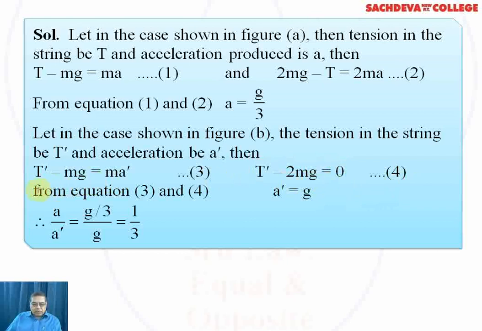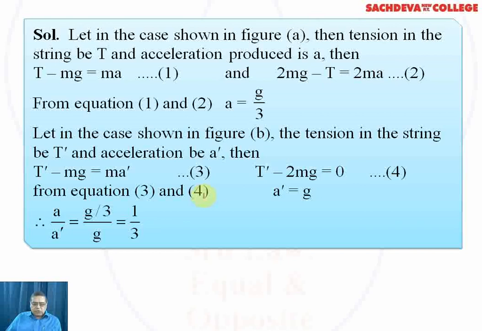And now what we will do from the third and fourth equations. In the third equation, it is T dash minus mg is equal to m a dash. And in the fourth equation, it is T dash minus 2mg is equal to 0. So, excluding T dash, the numbers will be taken towards the right side.